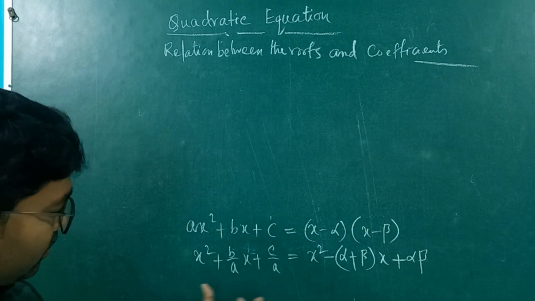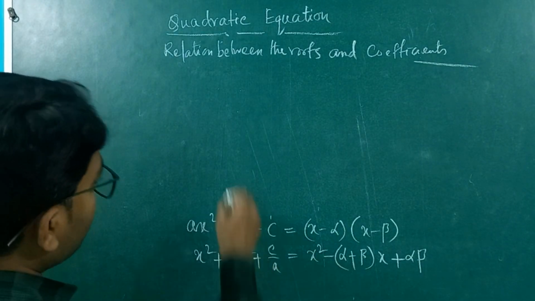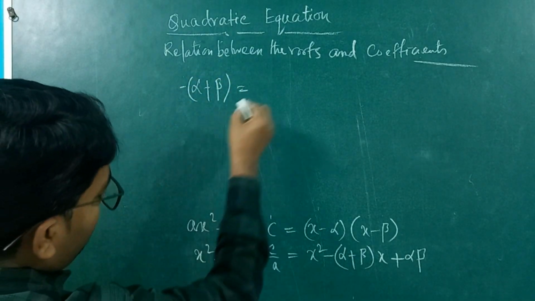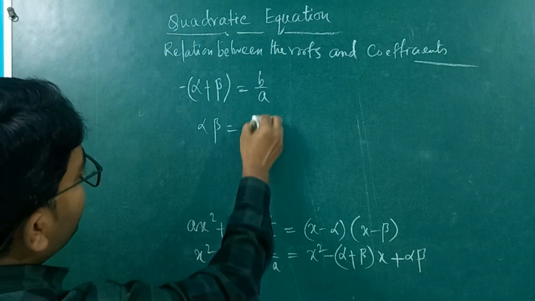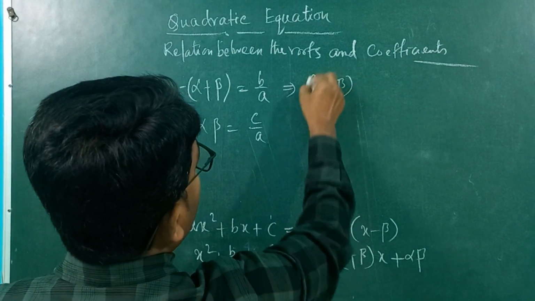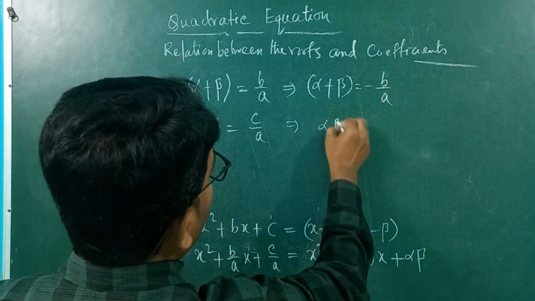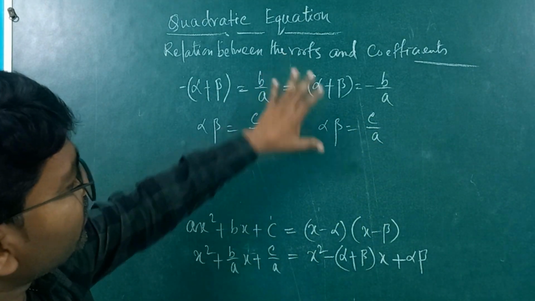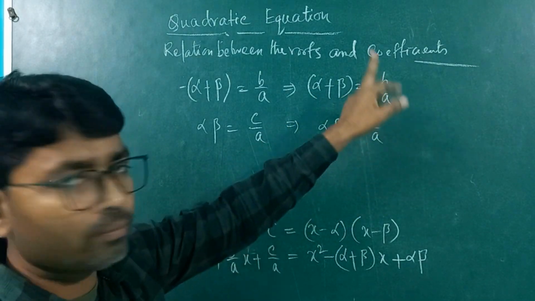Now, if we compare the identity, this one is an identity, you easily see alpha plus beta equal to b by a and alpha beta equal to c by a. This one we can write alpha plus beta equal to minus b by a and alpha beta equal to c by a. That is the relation between the roots of the equation and the coefficient of the equation.